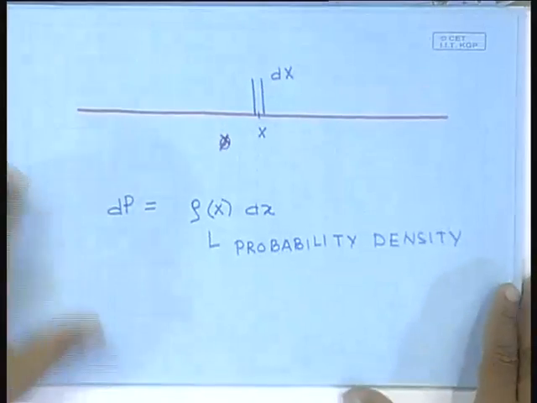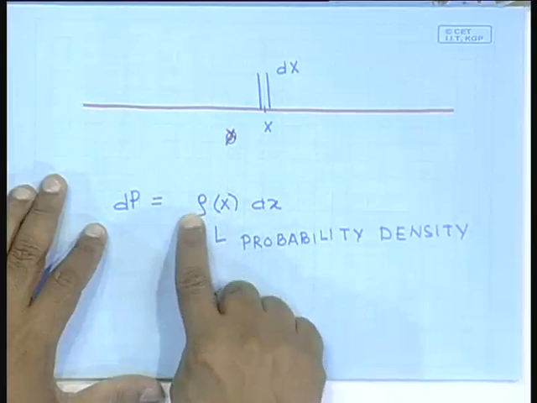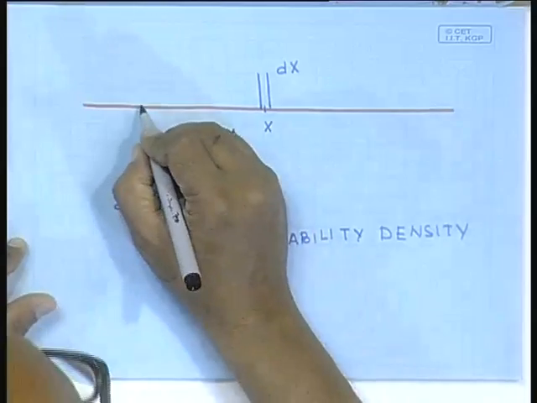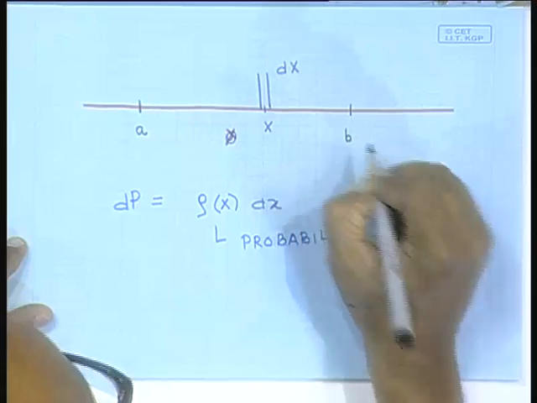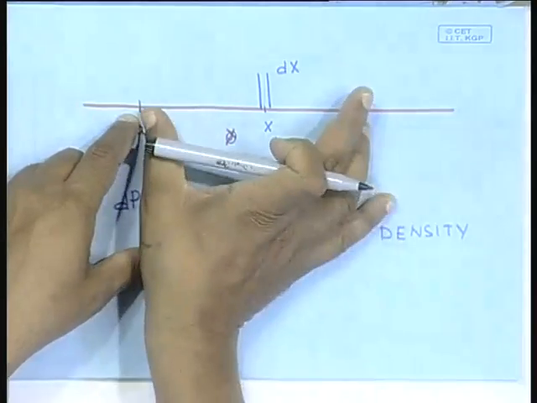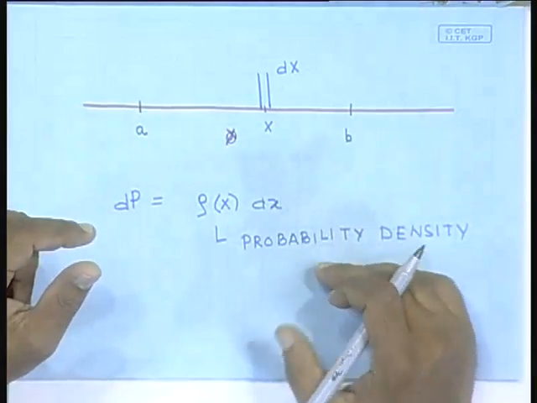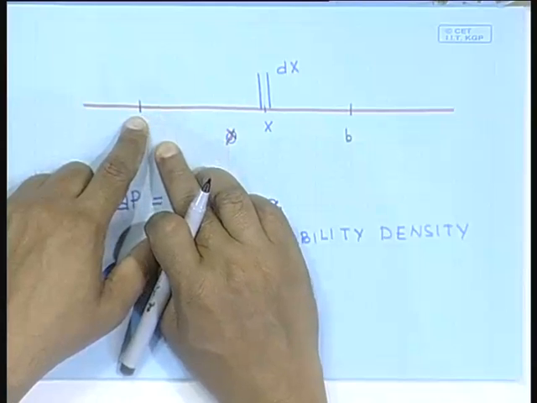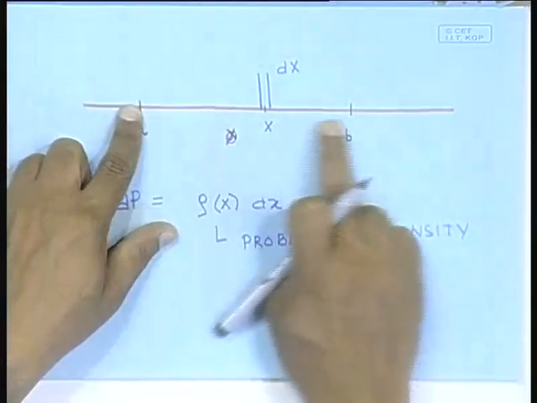We are discussing the properties of the probability density. The first property, which I have told you, is that the probability density should be positive. The second useful property is as follows. If I ask the question, what is the probability of finding the particle in the interval a to b, or more generally, I have a random variable x, what is the probability that the outcome of this random variable in one experiment is going to be in the range a to b?